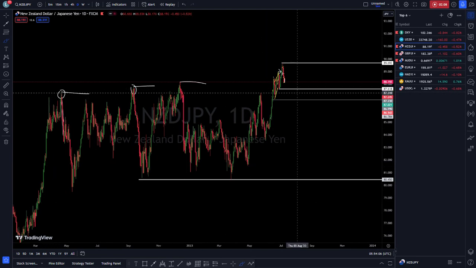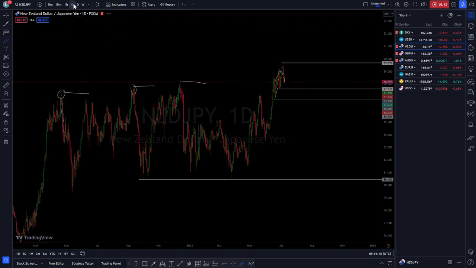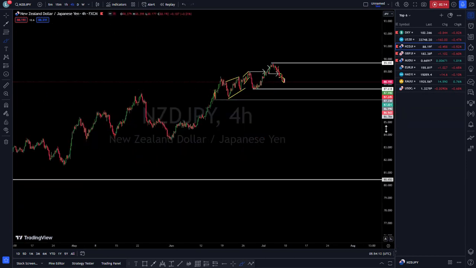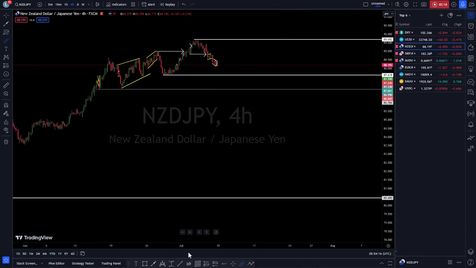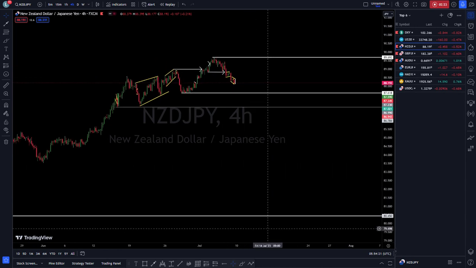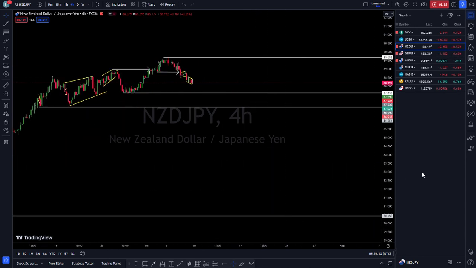So now we are just going to focus on the lower time frame and the recent price action. That is where we get our entry.